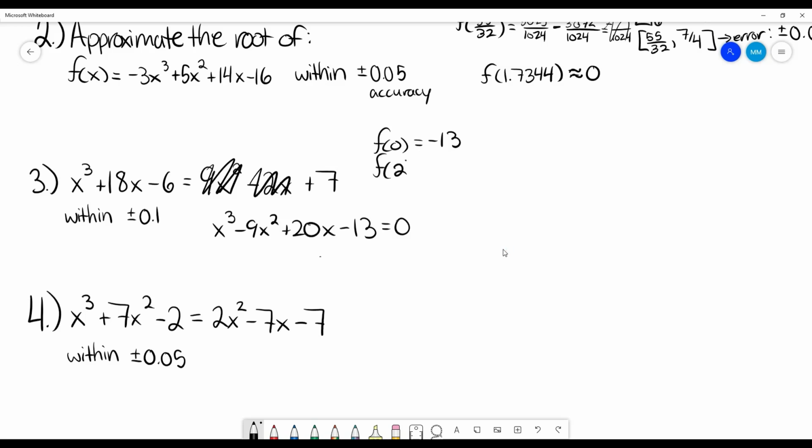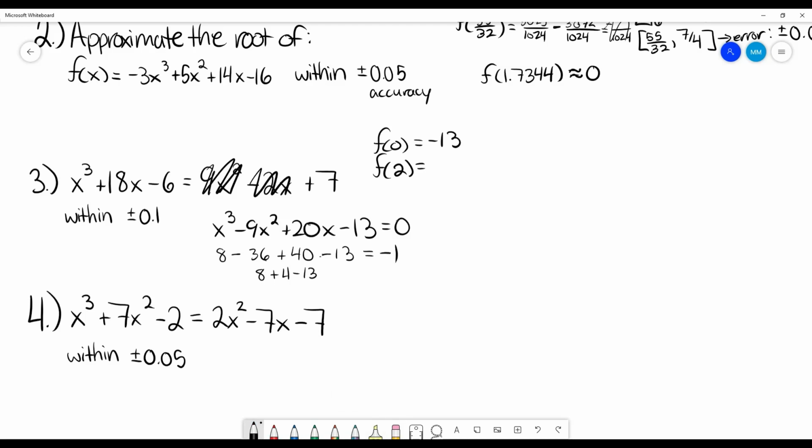Let's say f of 2 again and see what that gets. So it's going to get 2 cubed, which is 8, minus 9 times 2 squared, or 36, plus 2 times 20, which is 40, minus 13. So that's 8 plus 4 minus 13. Oh, that's a negative 1.